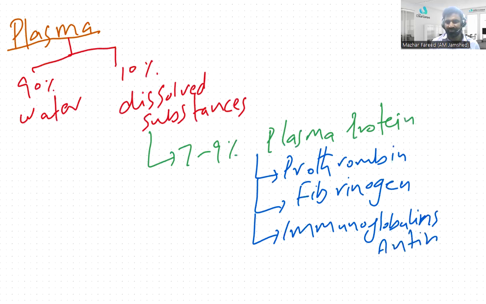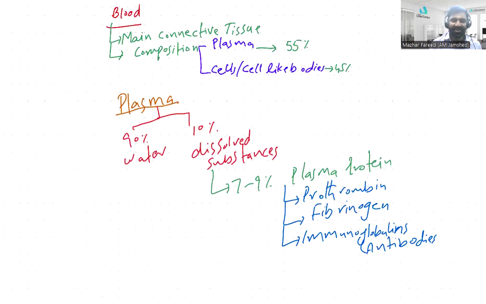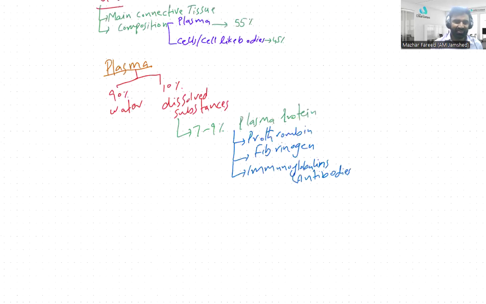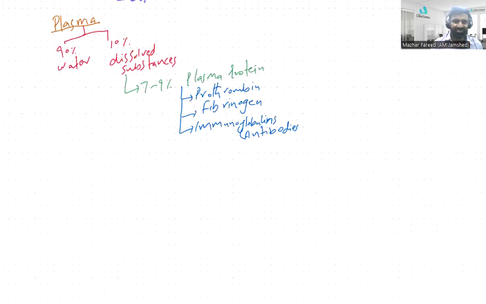Is it clear? So 7 to 9% of the 10% are plasma proteins. And then the other composition, about 1%, constitutes other dissolved substances.